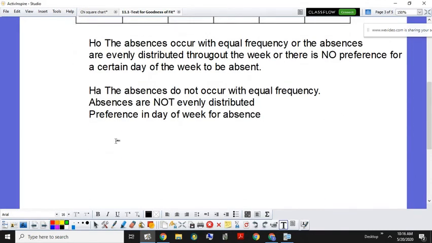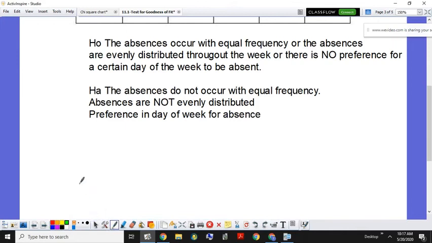All right, so let's now go to our critical value. I'm going to draw our curve. Right tail, remember, no negatives in this chapter.